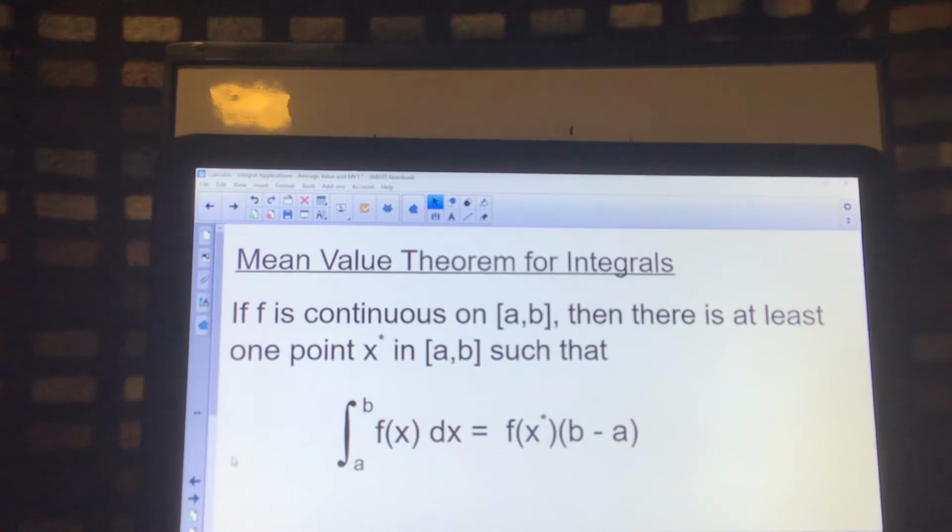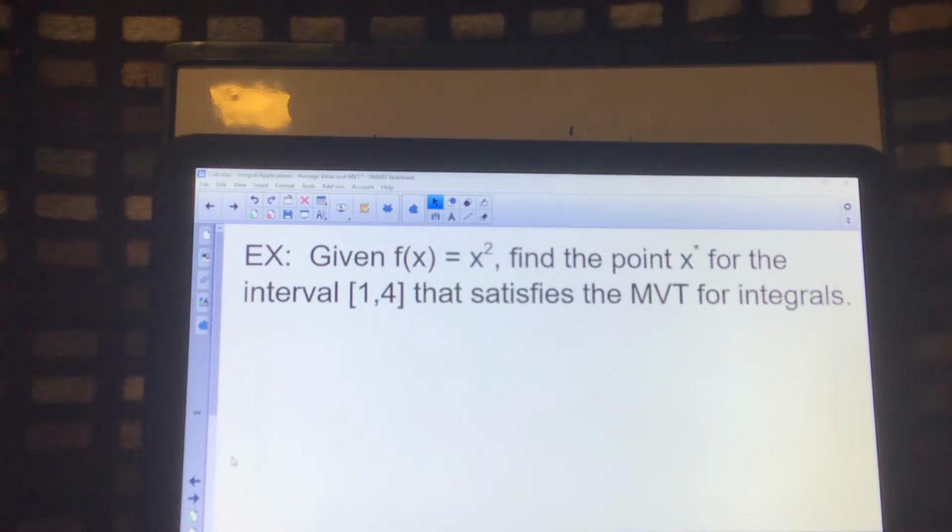I want to show one example of just purely doing a problem about the mean value theorem. Here's an example of finding that x star. Given f of x equals x squared, just pick the simple squared function for the example. It wants me to find the special spot, x star, on the interval 1, 4 that satisfies the mean value theorem for integrals.